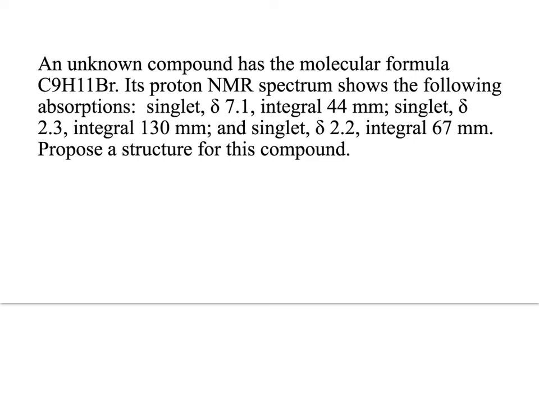An unknown compound has a molecular formula of C9H11 bromine. And it's just telling you what the NMR is. So let's do our units of unsaturation. C9H11 bromine. So CnH2n plus 2.